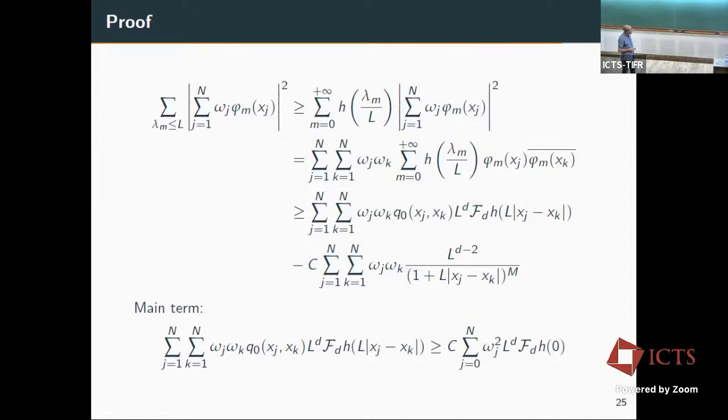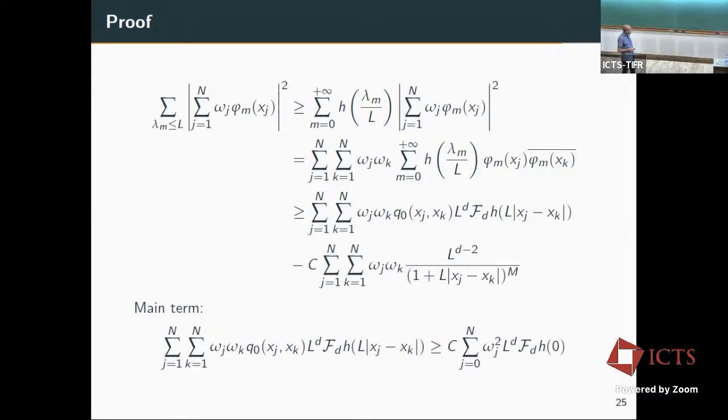Because H is smaller than or equal to 1, we just throw in H of lambda m over L. So this is, of course, something smaller. Well, why? Here I have lambda m smaller than or equal to L. This is included in the fact that H is supported in -1, 1. So when lambda m is greater than L, this is just 0. So this is in fact smaller than what's on the left.